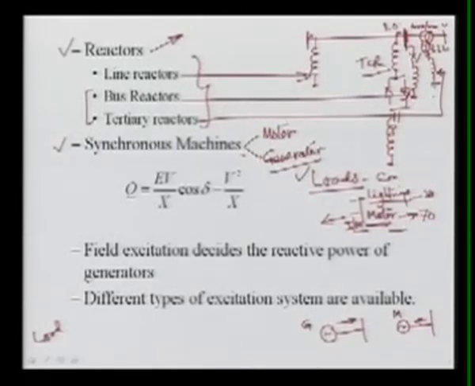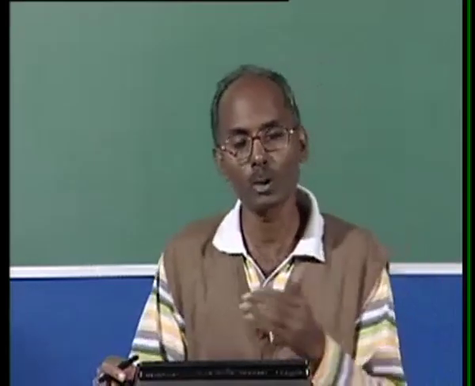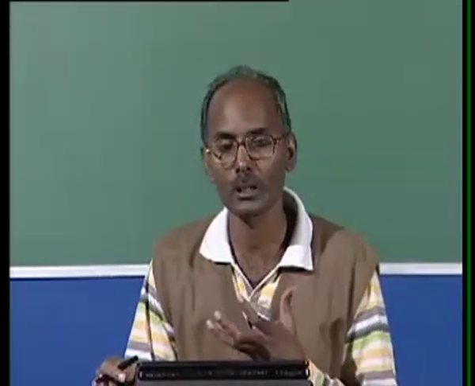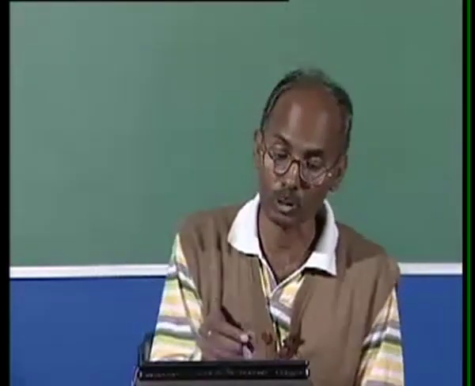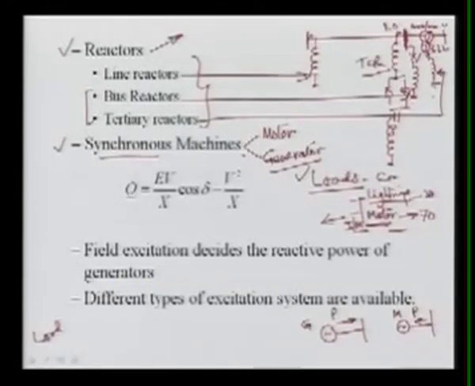Now, about the reactive power expression, here I am talking about P. Q can be negative or positive. It is optional in the machine that we can either generate or absorb reactive power with the synchronous machine.